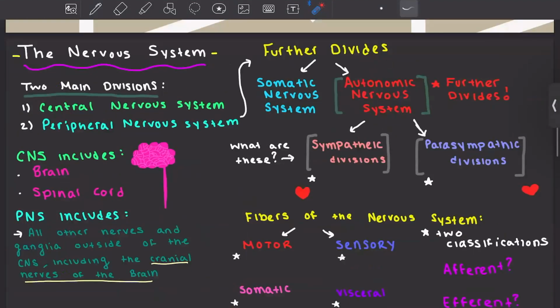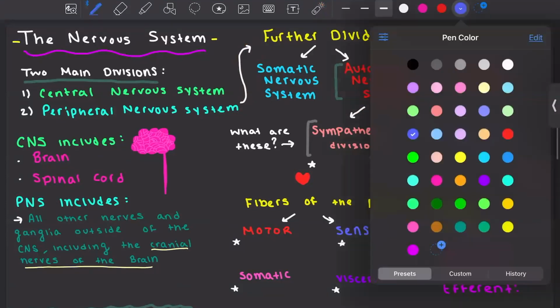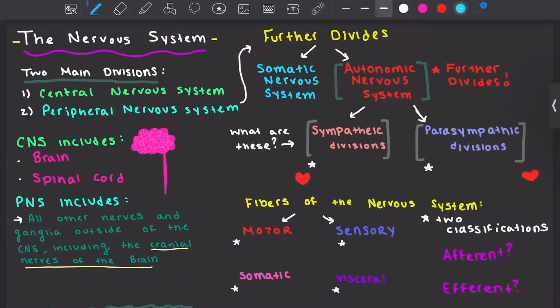So let's continue up here though with the peripheral nervous system. The peripheral nervous system further divides not once, but twice actually. So let's go over that first division. So the first division, there's going to be the somatic nervous system and the autonomic nervous system. And like I said, these are just going to be basic definitions. We're not going to do anything crazy here. So the somatic nervous system is going to be the voluntary side of things.